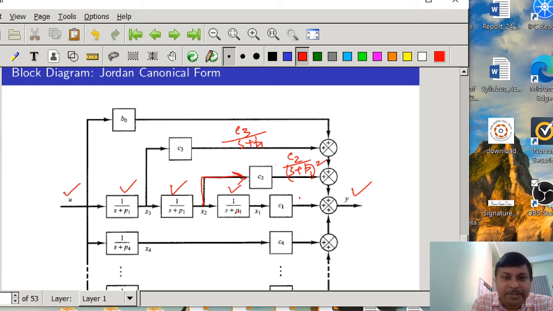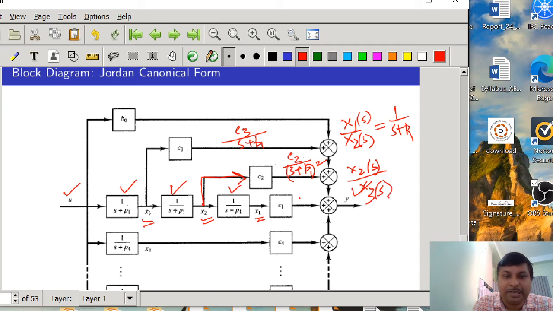The output of this block, one state variable, we have assumed x1, and this state variable we have assumed x2, and this as x3, and all others x4, x5, xn. Fine. Now how are x1 and x2 related. You see, X1(s) by X2(s), if you find out, is 1 by (s plus p1). And how X2(s) and X3(s) are related, that is also 1 by (s plus p1).